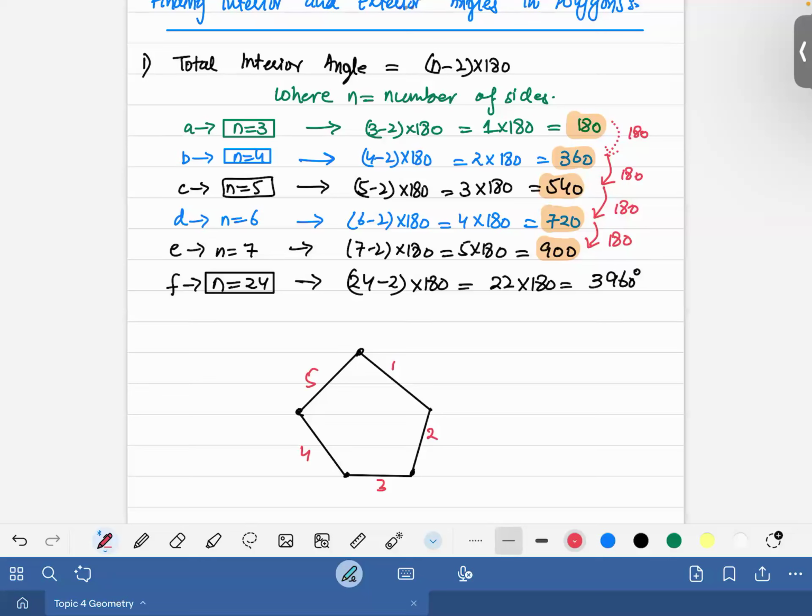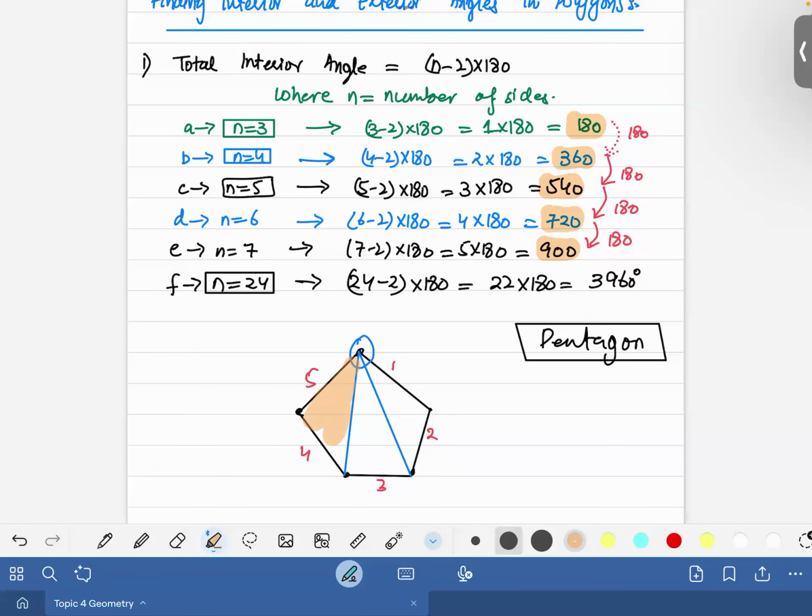Now, everybody, please pay attention. It is a pentagon, and we have studied that pentagons have 5 sides. Now, if I select a particular point, and I connect this point with this one and the same point with this one, I can make only 3 triangles in a pentagon.